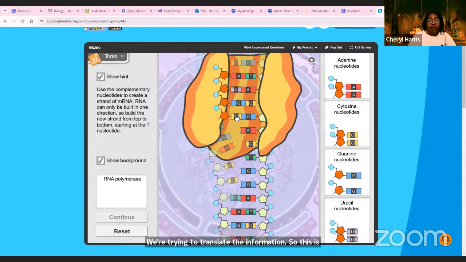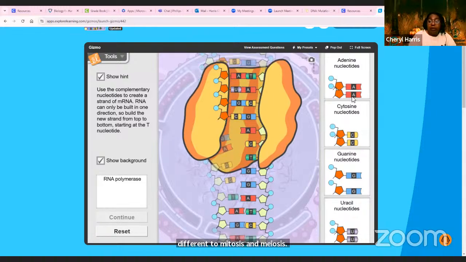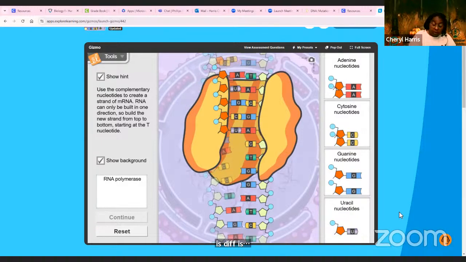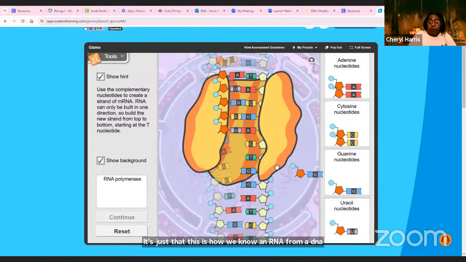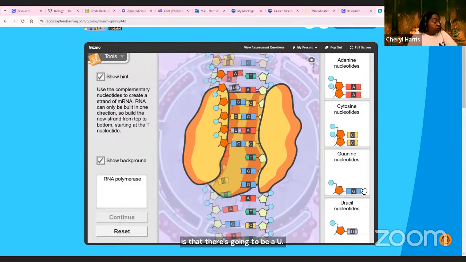Our strand that is being copied is not exactly the same, although it's the same information. This is how we know an RNA from a DNA: there's going to be a U. RNAs can leave the nucleus. All of mitosis and meiosis is happening in the nucleus, and that information never leaves the nucleus. Now we're looking at something that's going to leave the nucleus.